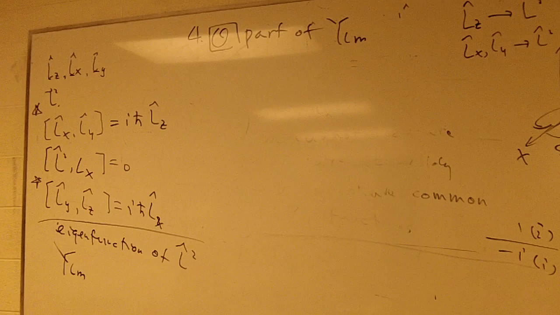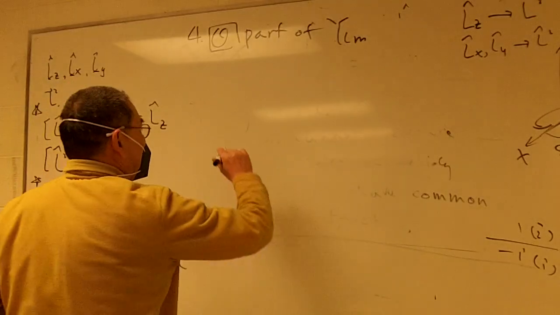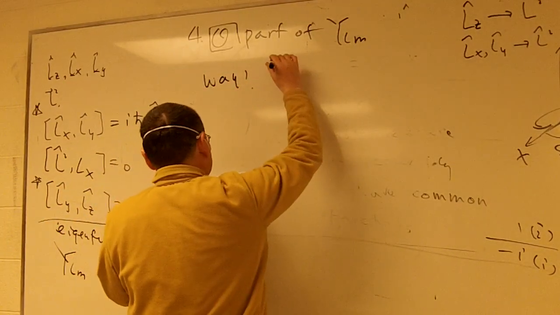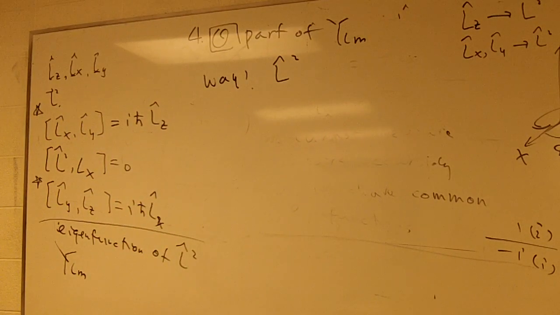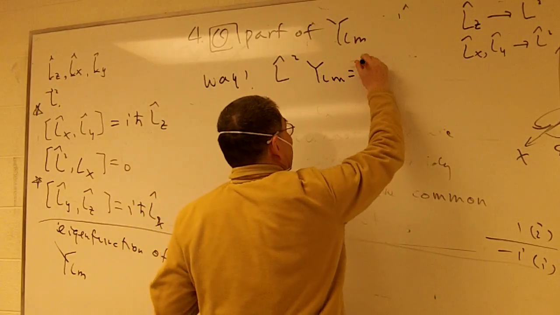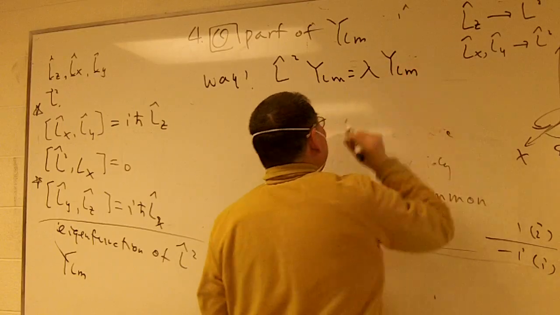This is the one which we will show you now. As I told you last time, you have two ways to do that. Way 1 is to directly use the operator L hat squared and solve this equation, with lambda times Y_ln.